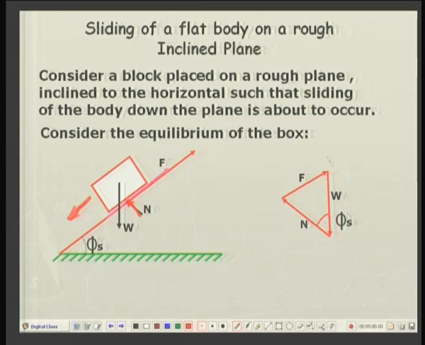So, drawing the vertical W, normal to the surface and along the surface, we can complete the triangle, and then the inclination between W and N is the angle of friction or static friction, and it is designated as phi s.